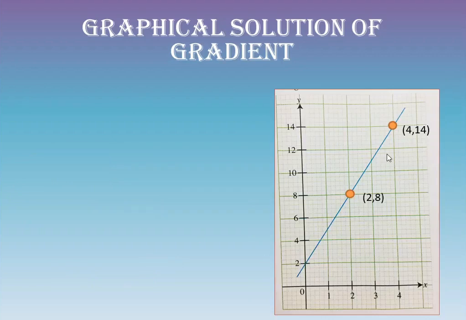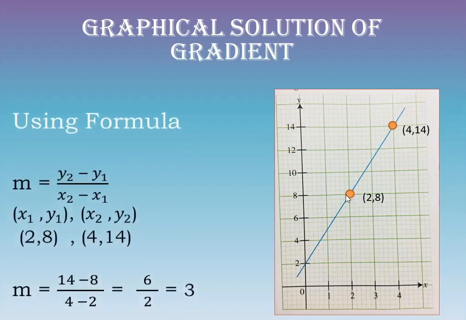Another example is over here. This is the line and we take any 2 points on this line, as I have taken these 2 points. The first one is (2, 8). It means the x value is 2 and the y value is 8. Here for the second point, the x value is 4 and the y value is 14.